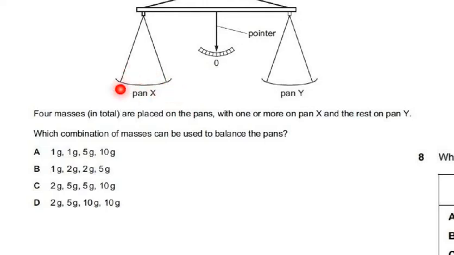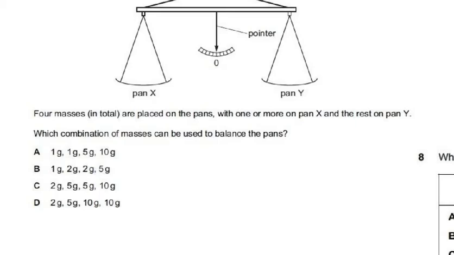So at least one has to be in pan X and at least one in pan Y. So basically we're looking at these combinations of masses and seeing if there are any combinations we can put together of these different masses that would be equal. Right? So we need an equal number in both pans. So a good place to start would be see what your biggest number is and then see if any of the other numbers could add up to it.